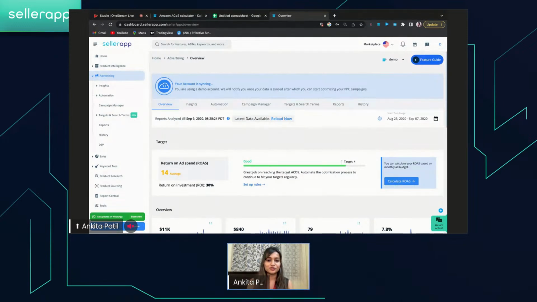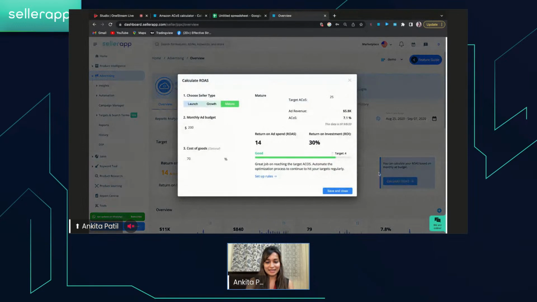Here, you can actually track your return on investment and return on ad spend based on the target ACOS you're going to set. So in place of target ACOS, you can also set the break-even ACOS, and accordingly, all your PPC campaigns will be running.